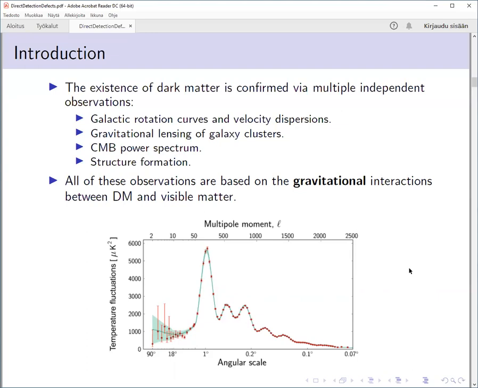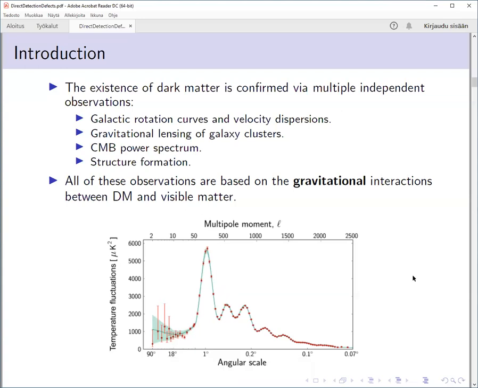accuracy, and as you can see, the error bars on these points, when you go towards large multipole moments, become invisible. So this is a very precise measurement, and the points lie exactly on the line, which is a prediction from the current best fit Lambda CDM model.